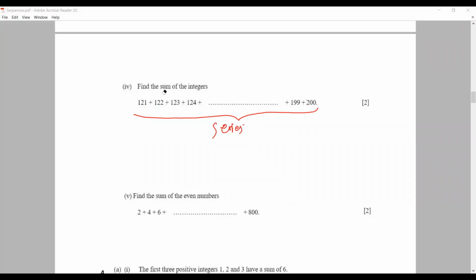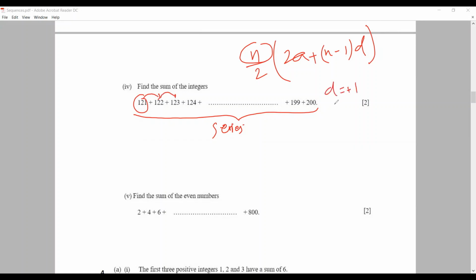So I have to refer to the formula for the summation of all the terms inside an arithmetic sequence, which is n over 2 times 2a plus n minus 1 times d. Now, what I need to do is to find out what is n, because I have a, the first term, and I know what is d. d is plus 1 here, right? d is plus 1, and a is 121.